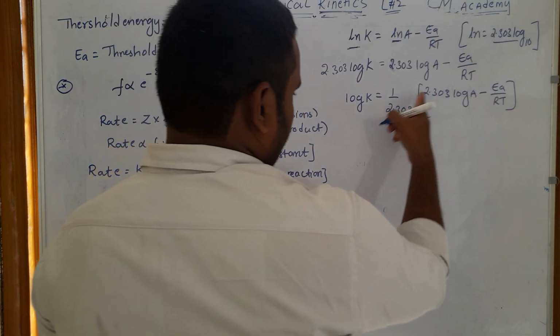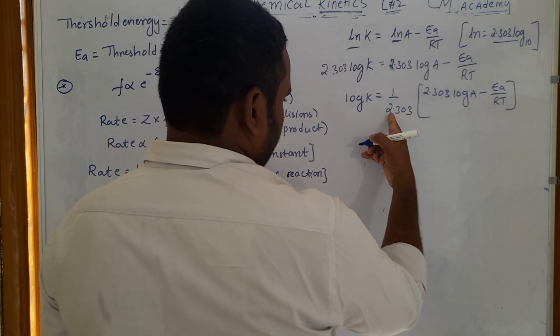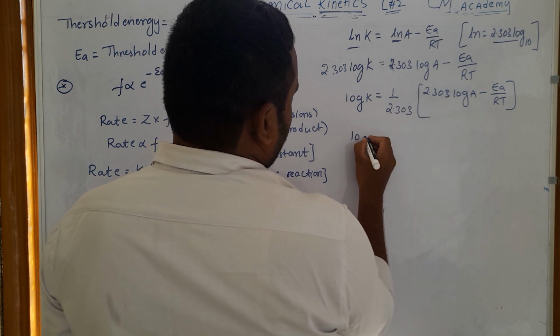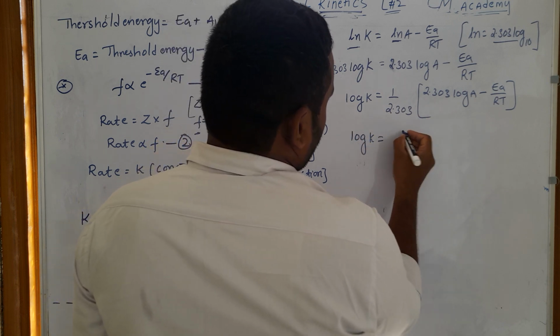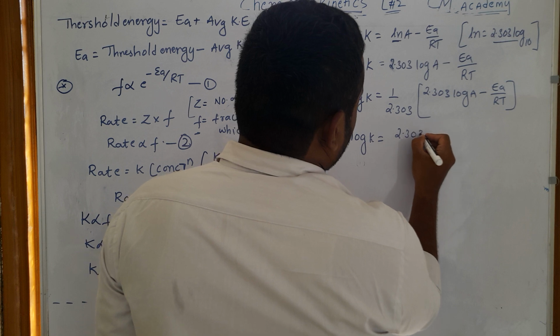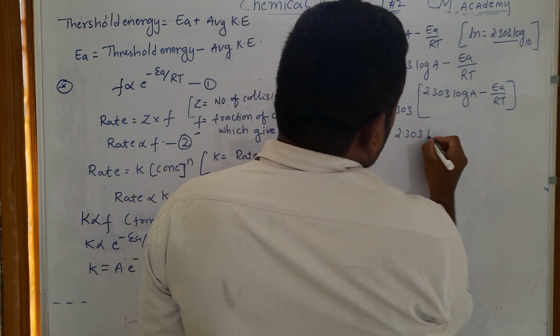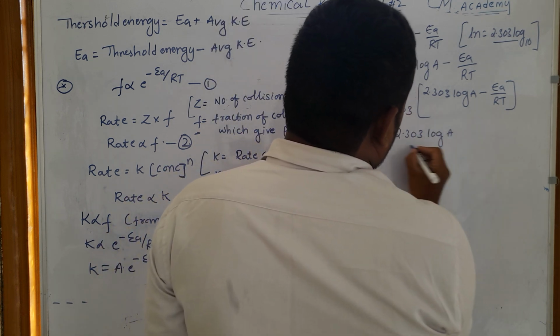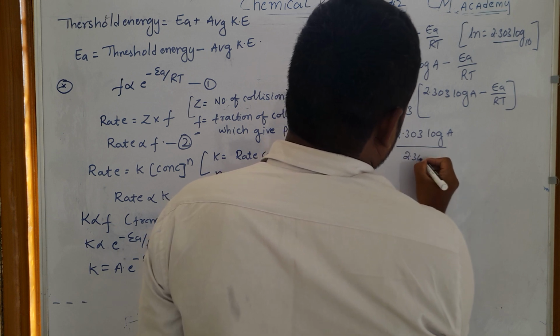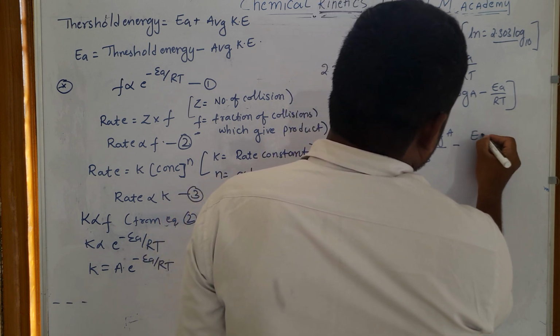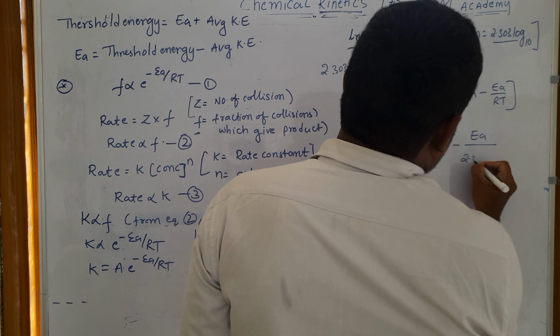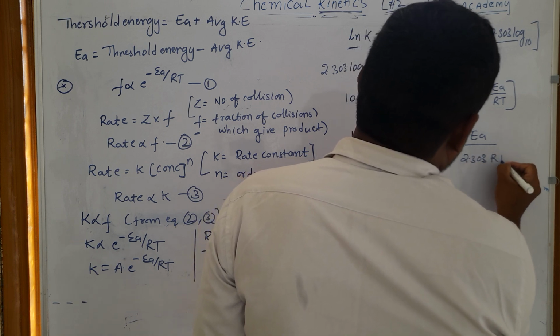Now multiplying with 1 by 2.303, it will become log k is equal to 2.303 log A by 2.303 minus Ea by 2.303 RT.